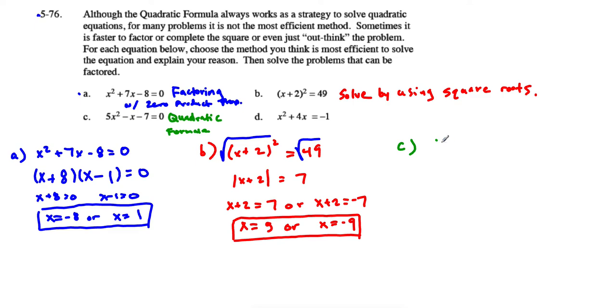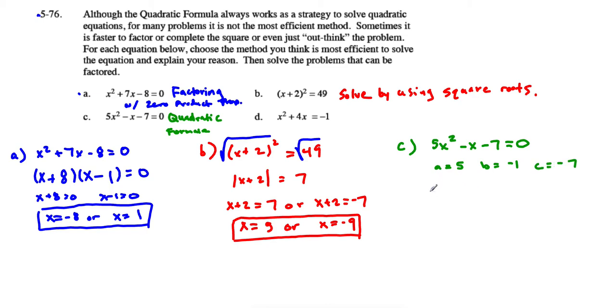Let's just go ahead and do it for fun. Why not? So I'm going to rewrite it here. It's already equal to 0, so I know that a equals 5, b equals -1, and c equals -7.